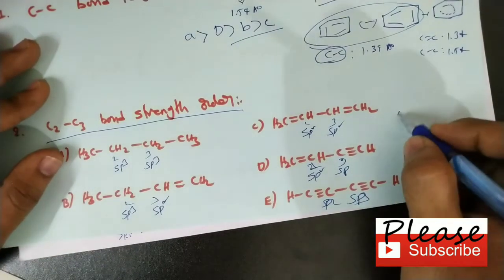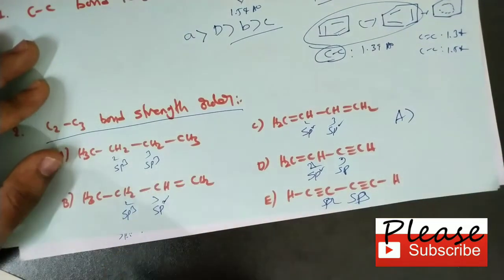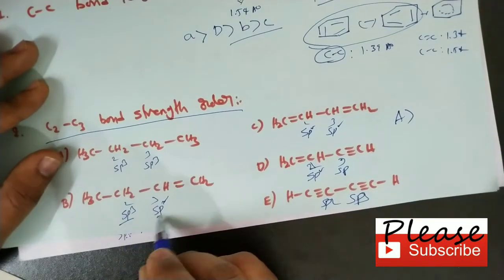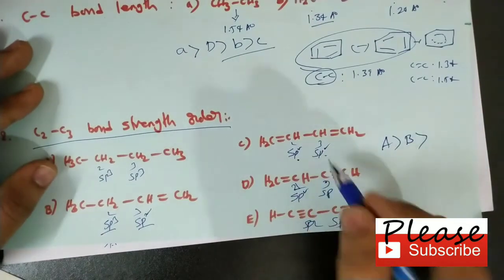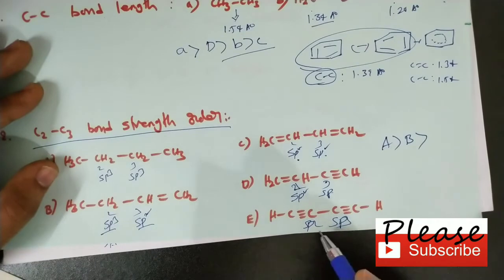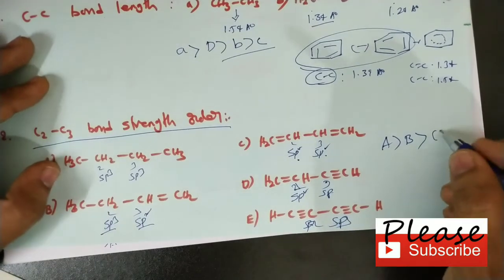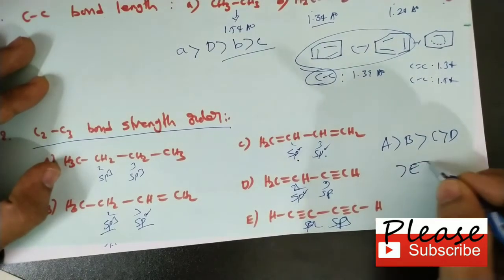Generally A has the higher bond length because it's a sigma sp3 bond. Next, sp3-sp2 has the next higher bond length. Next sp2-sp2, then sp2-sp. So here C greater than D greater than E.